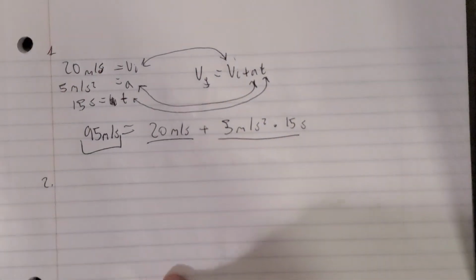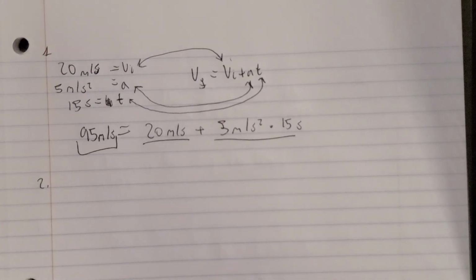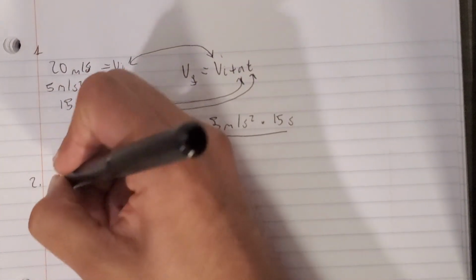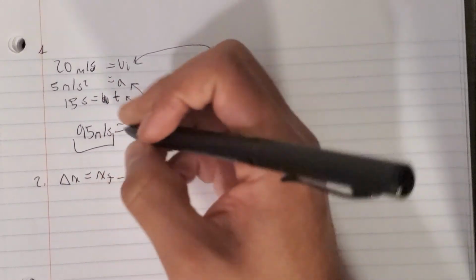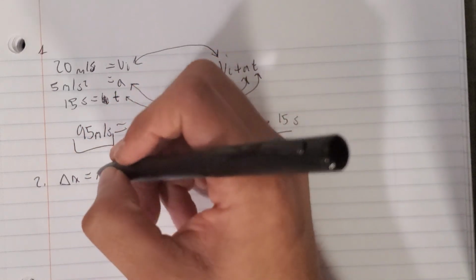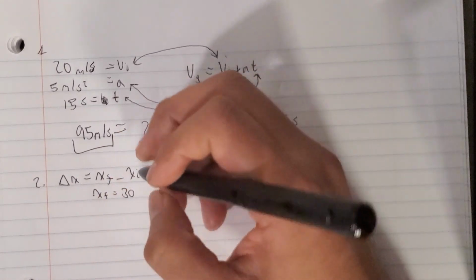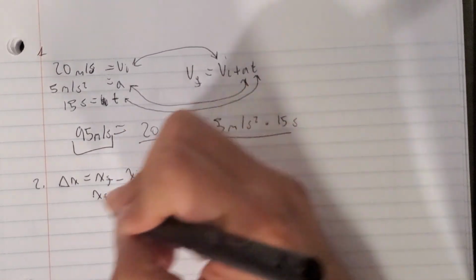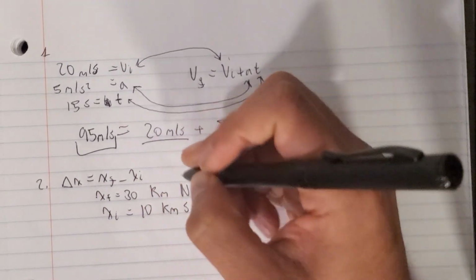For number 2, a bus travels 10 kilometers south and then turns around and travels 30 kilometers north. What is the car's displacement? So we're given the formula of displacement, and we basically have our final equals 30 kilometers north. x of i is 10 kilometers south.